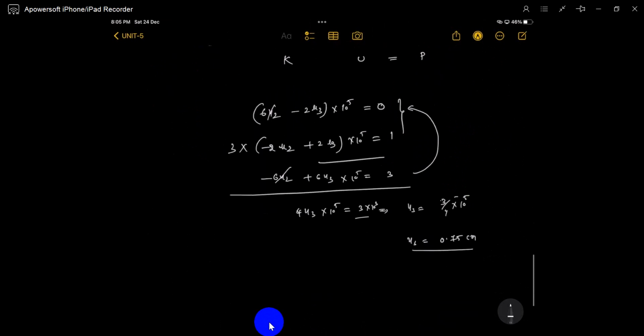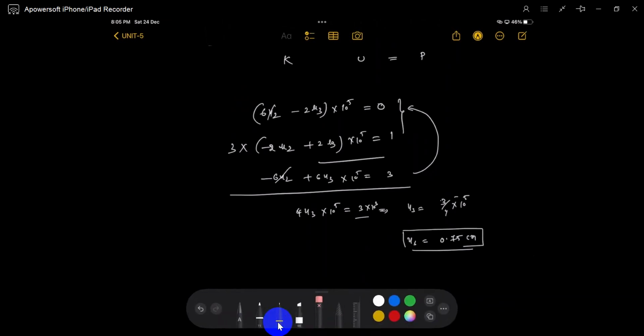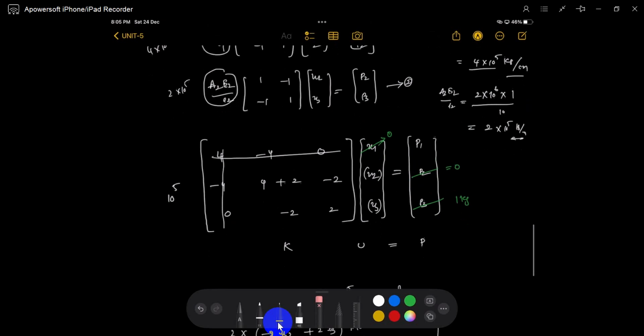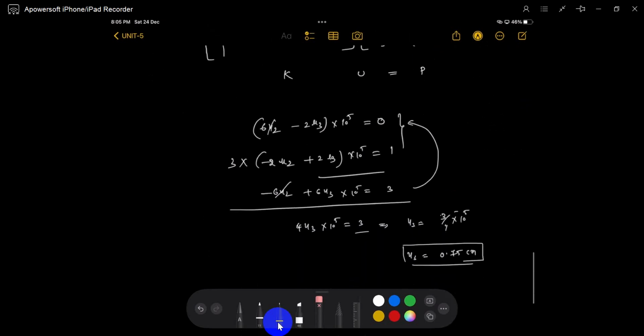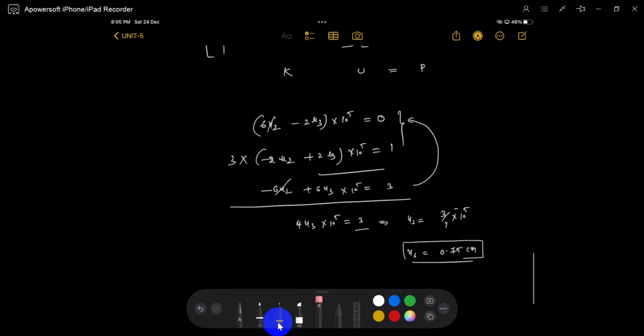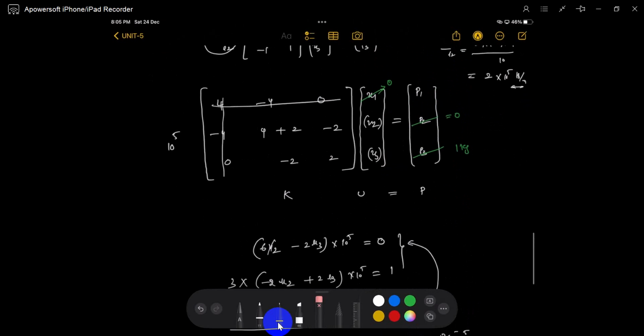Okay, you will get 0.75 centimeters. So 10 power 5 kg per centimeter.